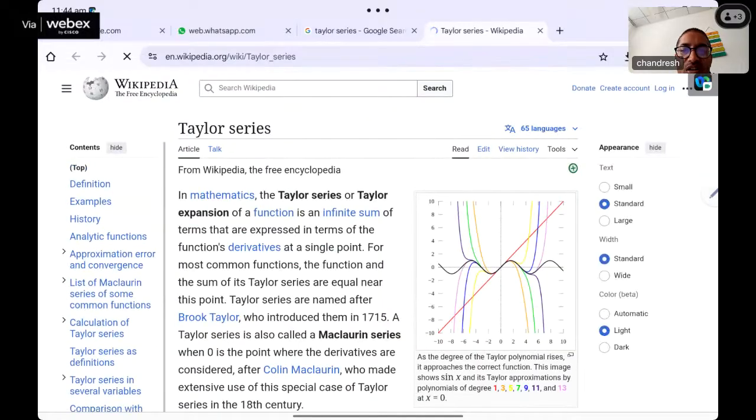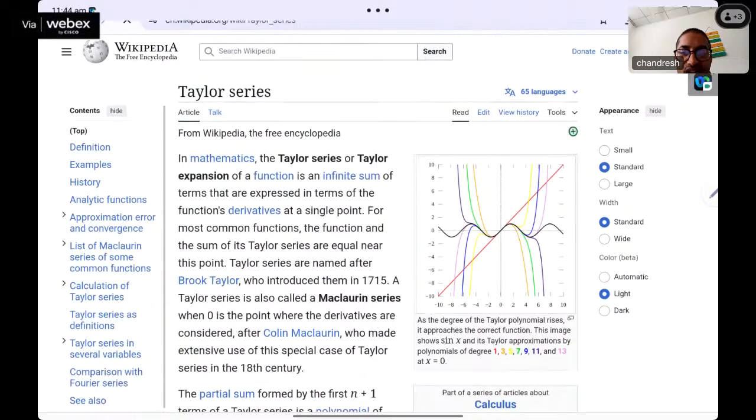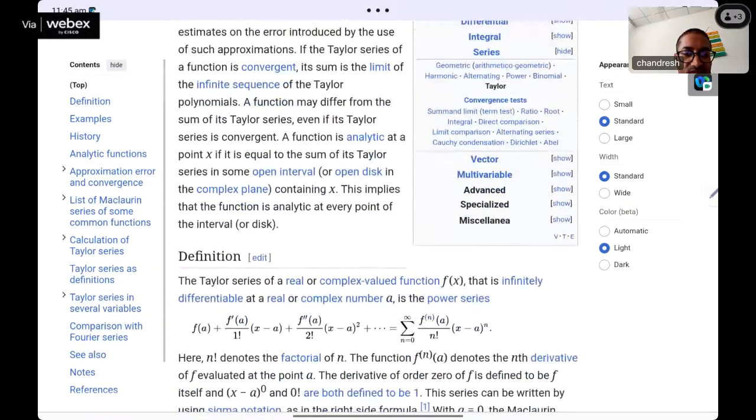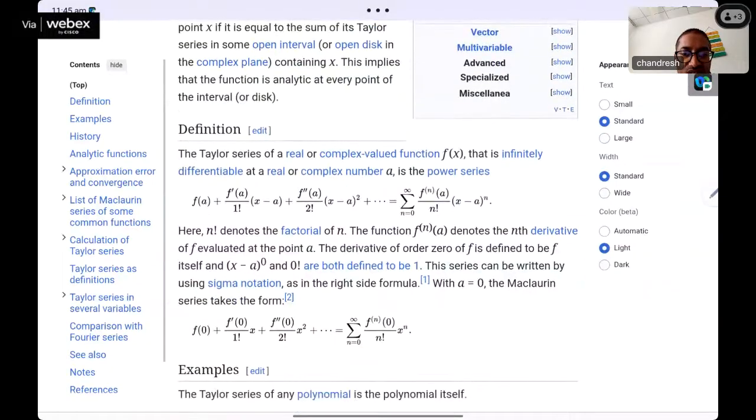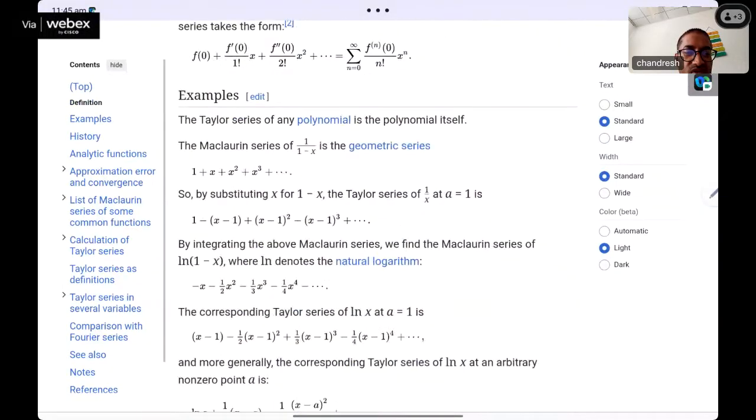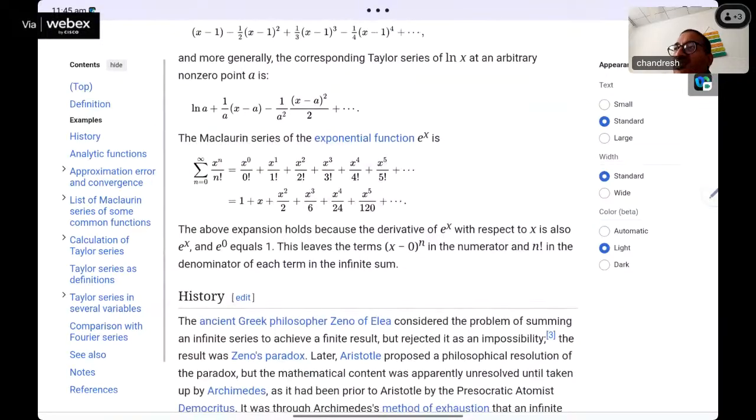So we are talking about this Taylor series, and there are various forms of it. This is Taylor series in a scalar variable.